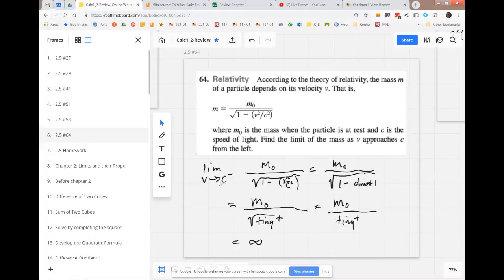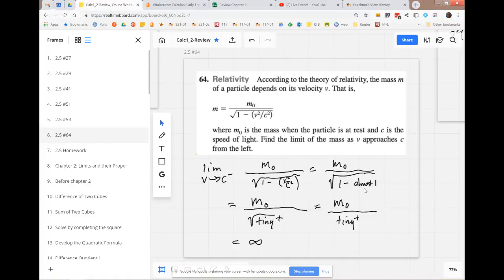So when v gets close to c, but v is just a little bit less, right? What happens when you take something and divide by something a little bit less than it? For example, 7 divided by 6.9999. It gets close to 1. That's right, and so you notice I wrote almost 1.